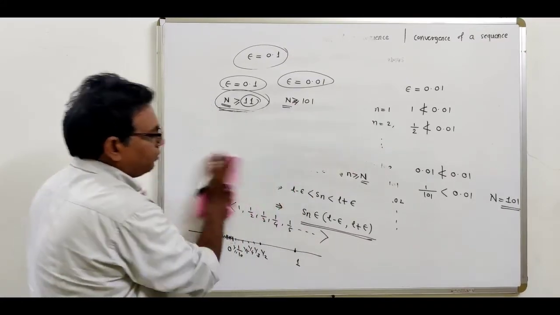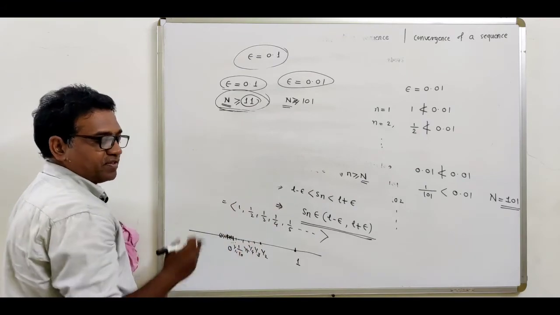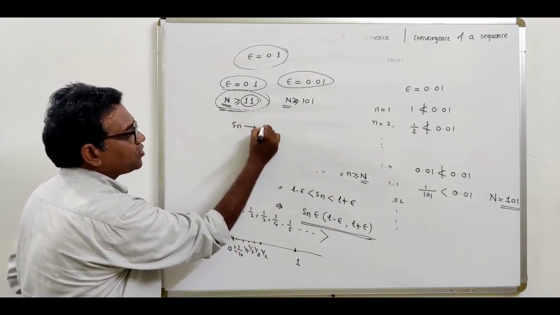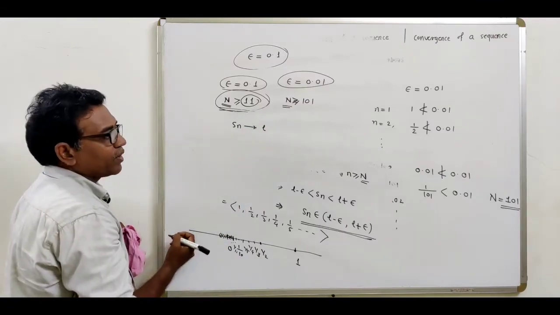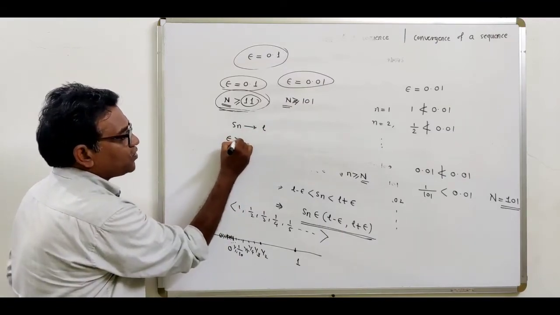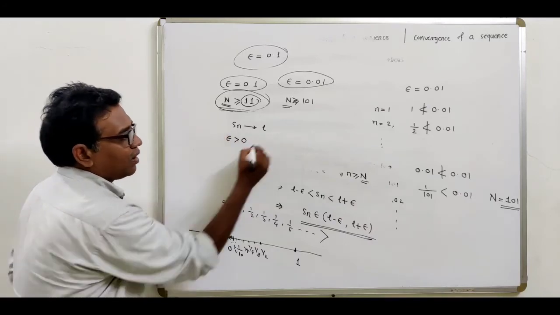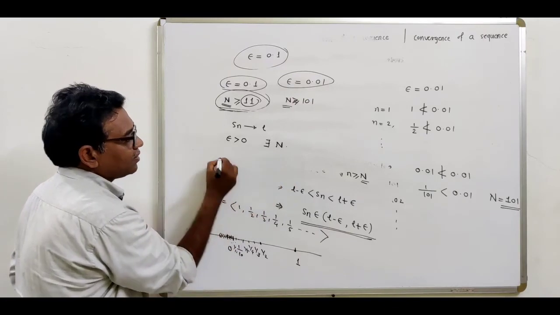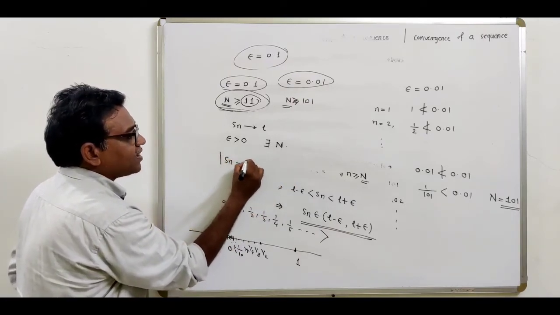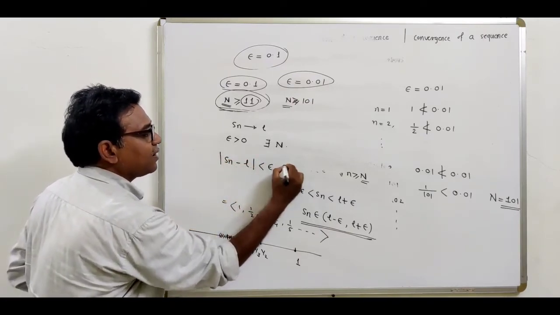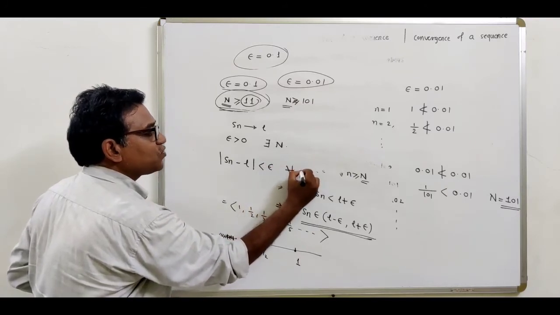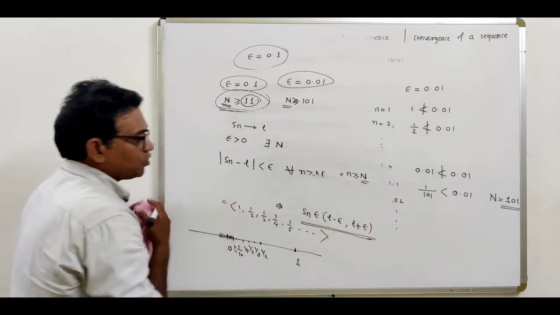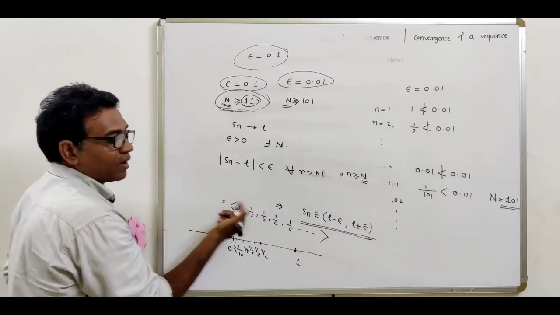So see, what is the geometrical meaning of this convergence of the sequence? A sequence Sn converges to the limit L means that we have to choose epsilon greater than 0 and we have to find this integer N such that the modulus of Sn minus L is less than epsilon, and this condition is true for all n greater than or equal to capital N. So what is the meaning of this condition?